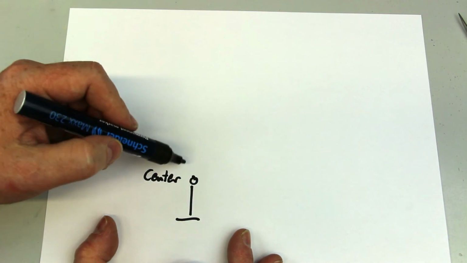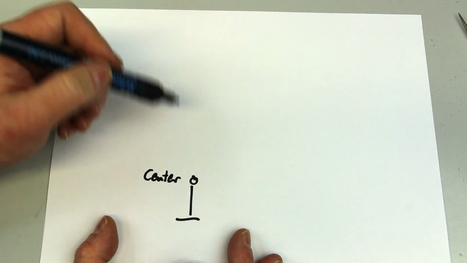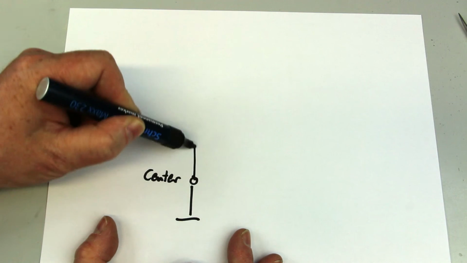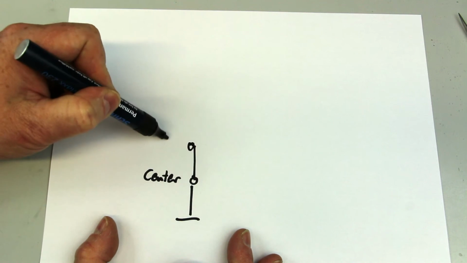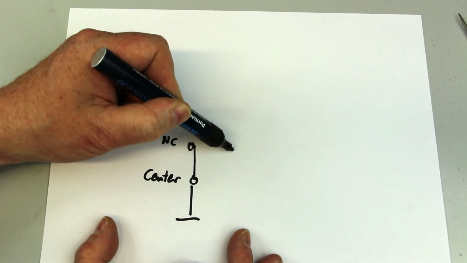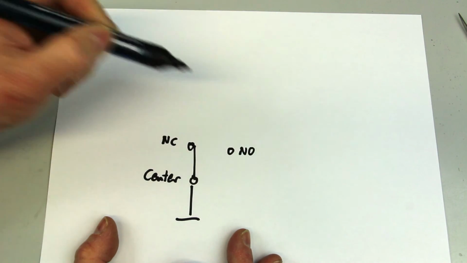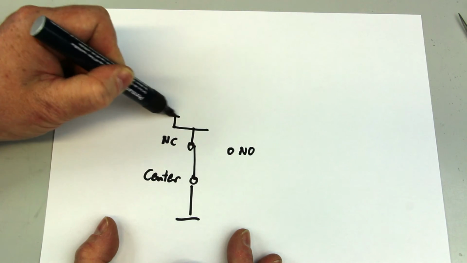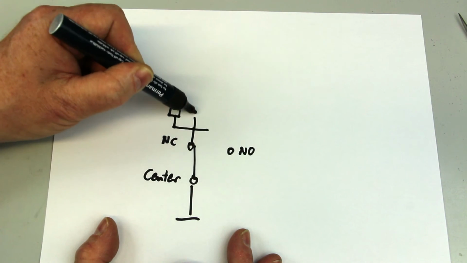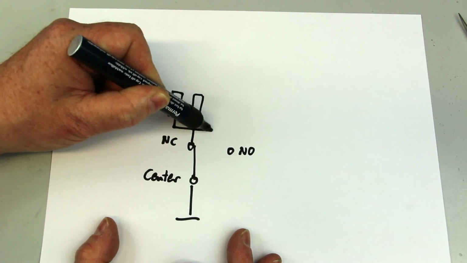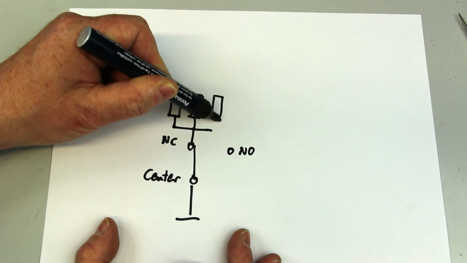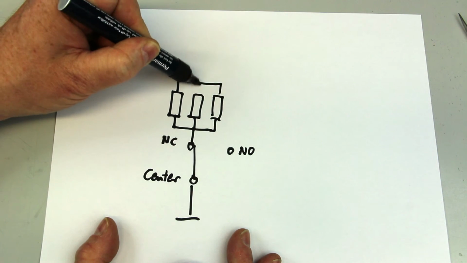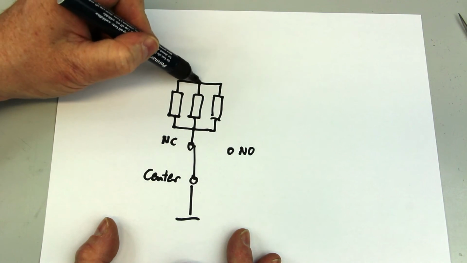Let's connect the center tap of one of the switchover contacts to ground or to the negative supply voltage, at whatever potential this may be. And now we have here the normally closed contact and here the normally open contact. And now we just parallel as many loads as you want. Of course, you should never do this with mains connected loads.